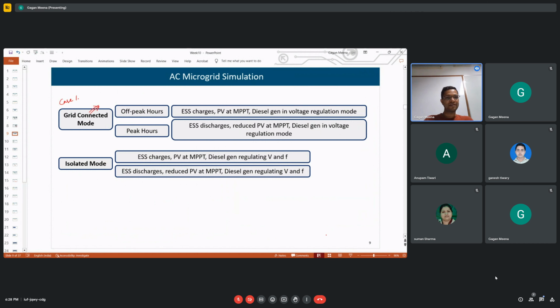How? Even if there is unbalance, suppose there are three phases. Ideally speaking, all three phases should be the same. But if they are not the same, then neutral current will flow. That neutral current will damage the system.